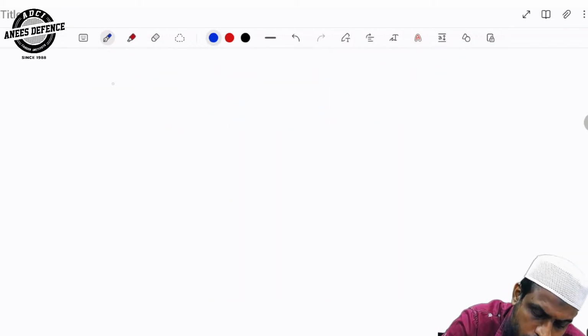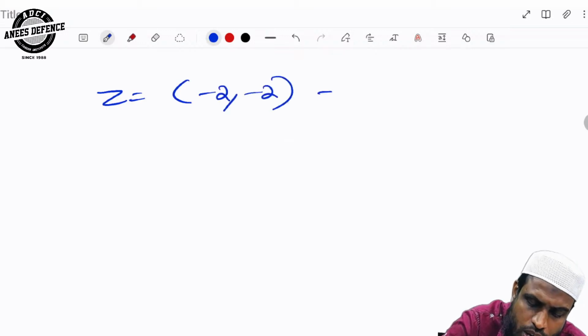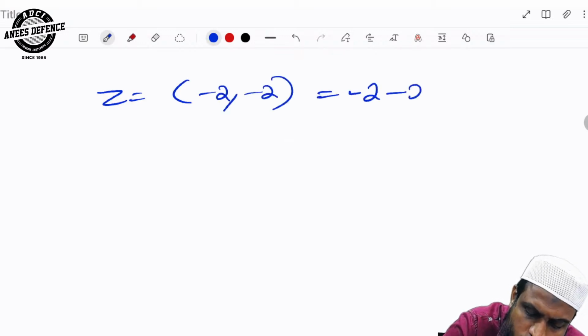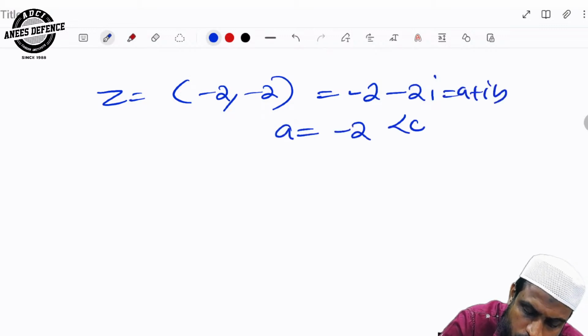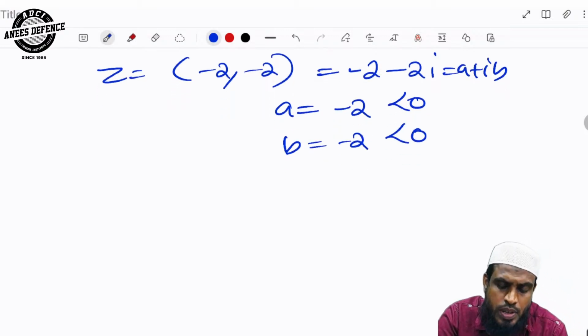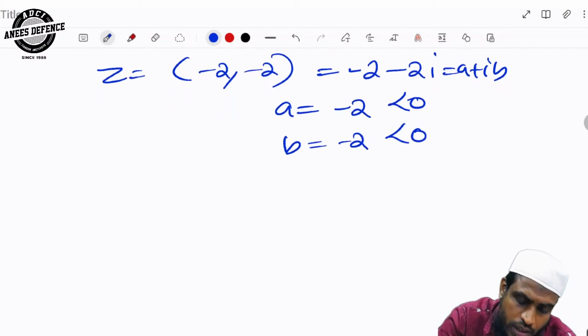Another example is z equal to (-2, -2). So this can be written as minus 2 minus 2i, which is equal to a plus ib. a equals minus 2, less than 0, and b equals minus 2, less than 0. So here a and b both are negative.